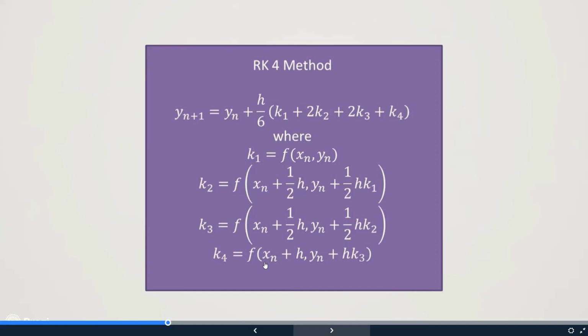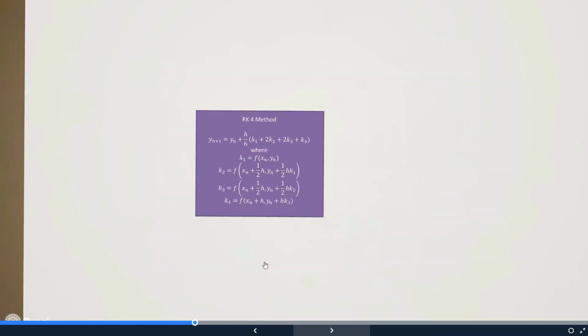So k4 is equal to f(x_n plus h, y_n plus h k3). So that's all from the method.